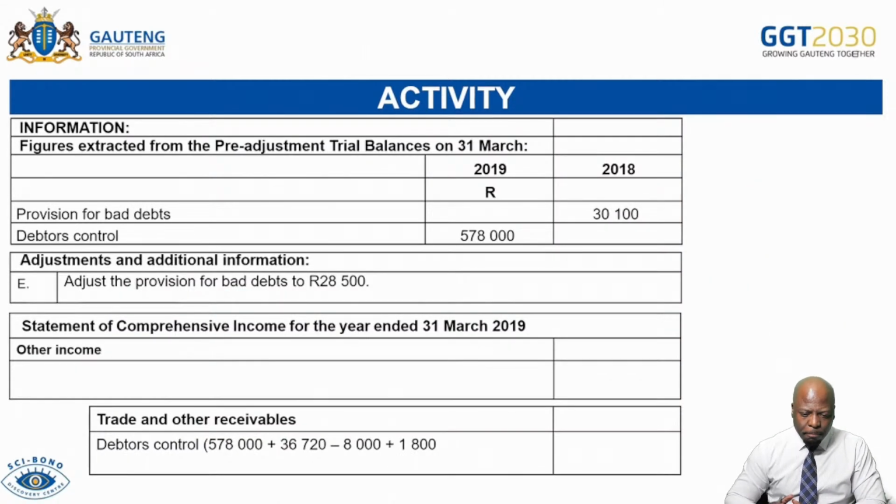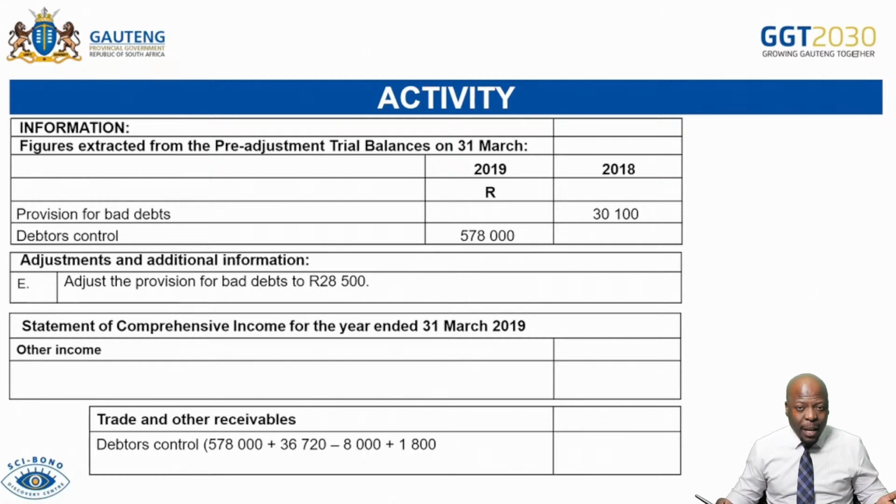The next one reads Adjustment E. Adjust the provision for bad debts to 28,500. So provision for bad debts, we are making provision that some of our debtors may not pay. So the easiest way to go about provision for bad debts is to compare the previous year and the current year.